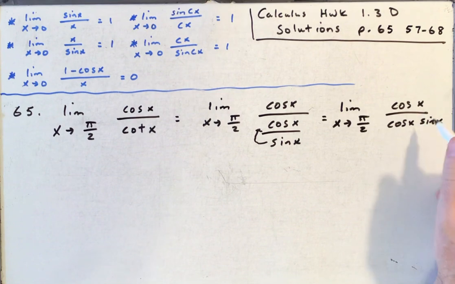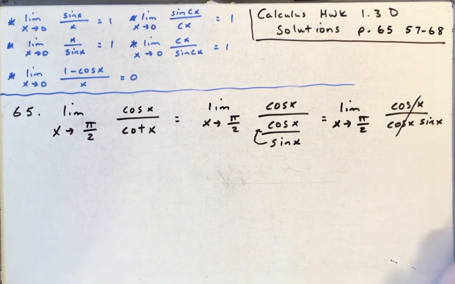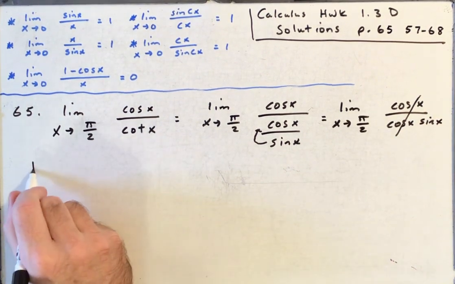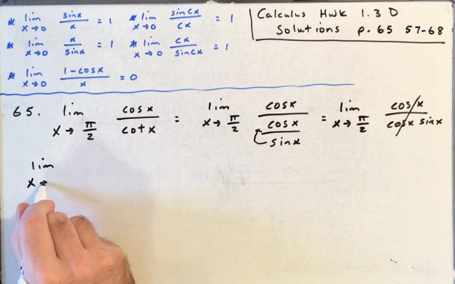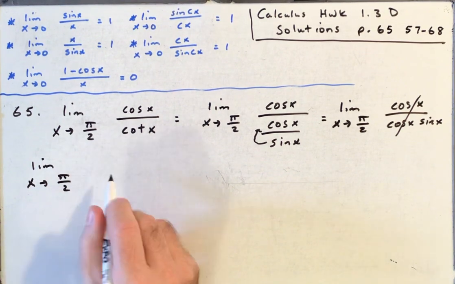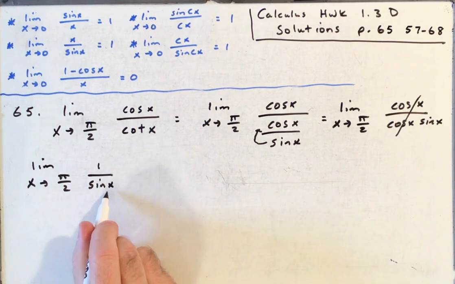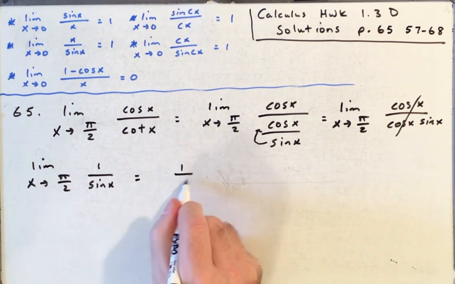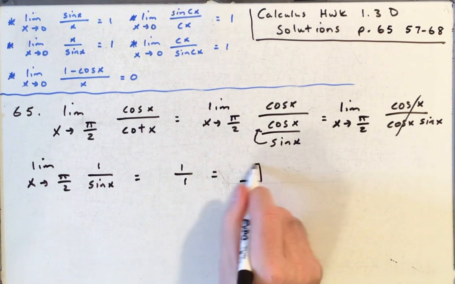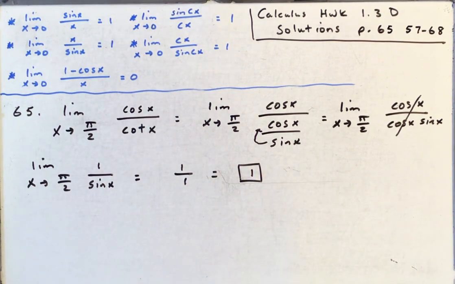Well, what happens to the cosine x? Wah. And so I've got the limit as x approaches pi over 2 of 1 over sine x. Well, what's the sine of pi over 2? It's 1. So that's 1 over 1, which is 1.